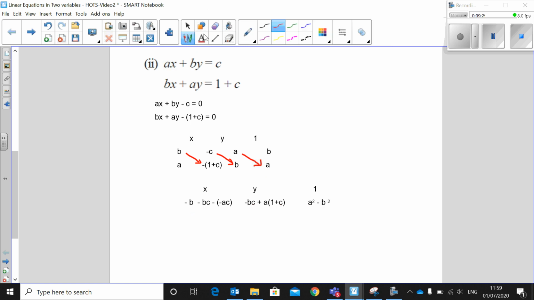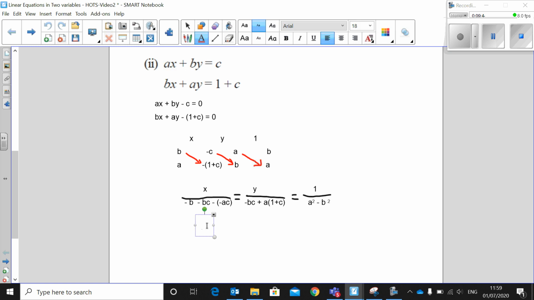So let us see that x divided by this one is equal to this. So now let us equate the equation. The first one is x divided by, and then y, then the constant term in a similar way. Okay, so what is the value of x? x is minus b minus bc.